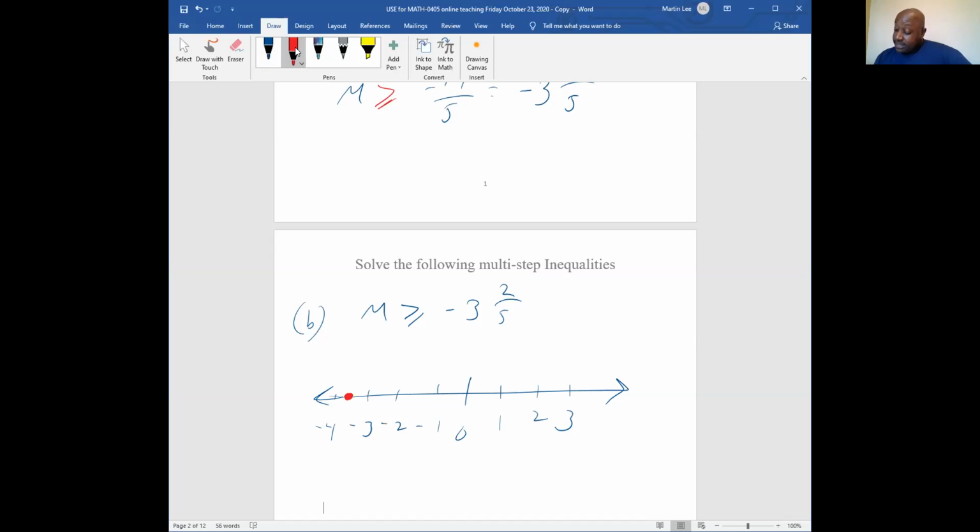Because this is greater than or equal to, I'm going to have a square bracket, and my arrow is going to go to the right.